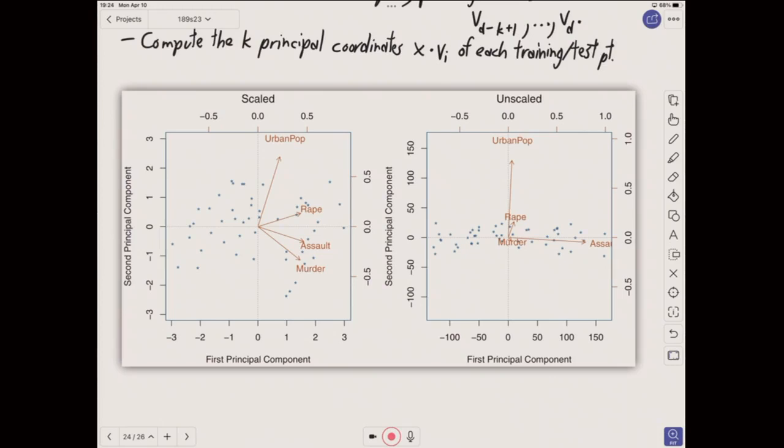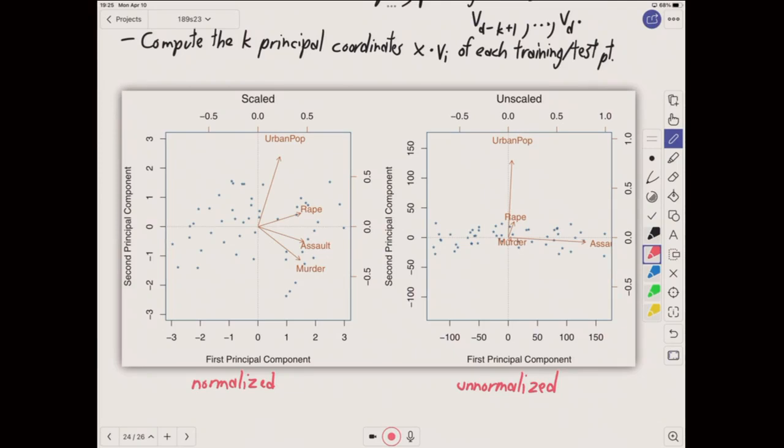You get very different results if you do or don't. The one on the left is normalized. The one on the right is unnormalized. To understand the axes, remember there's a four-dimensional coordinate system here.